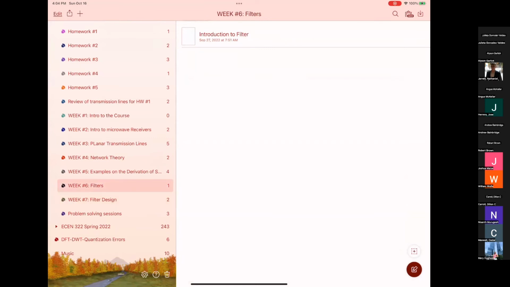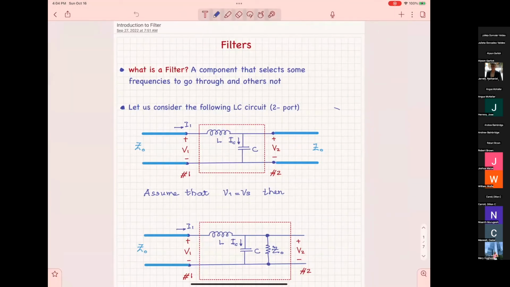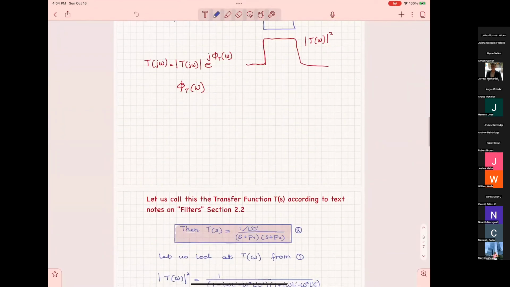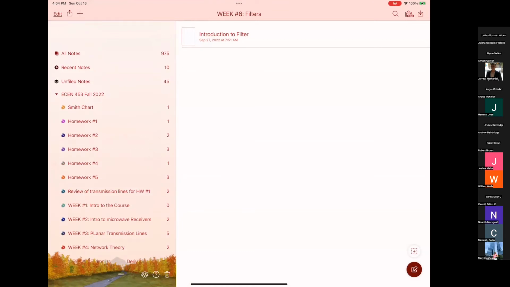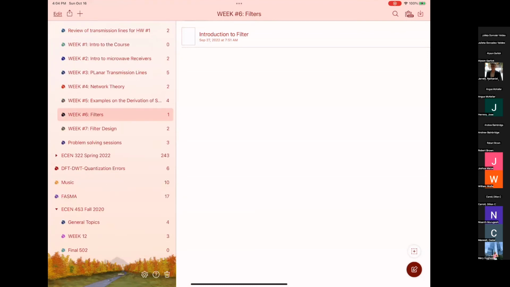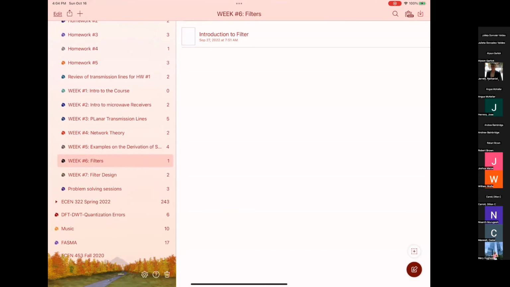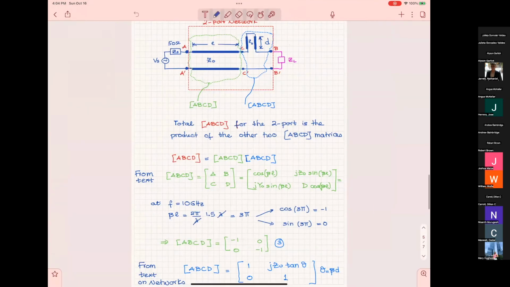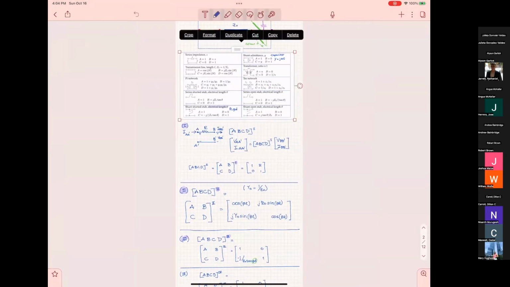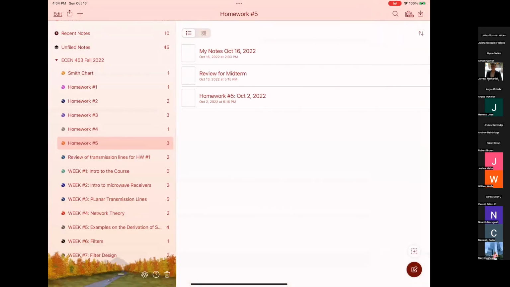I need to find something that I just saw somewhere. Let me see, introduction to filters. No. If we go to our notes, I'll find it, 1 second. Bear with me for a second because I just saw it. No, that was today. There it is. Let me take a copy. Okay. Let me now go to our place.